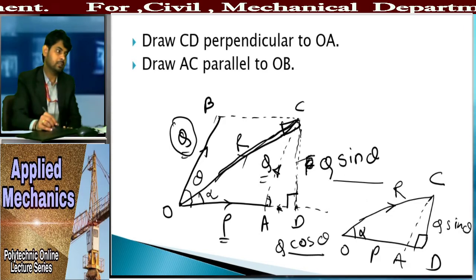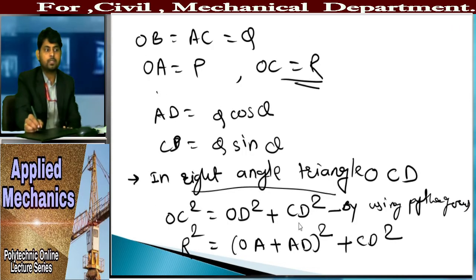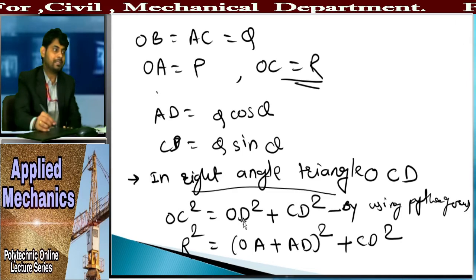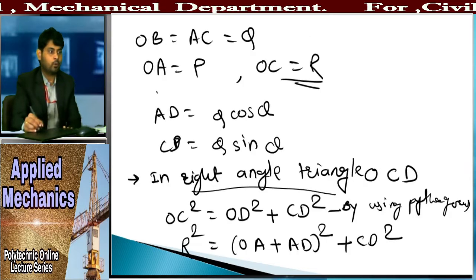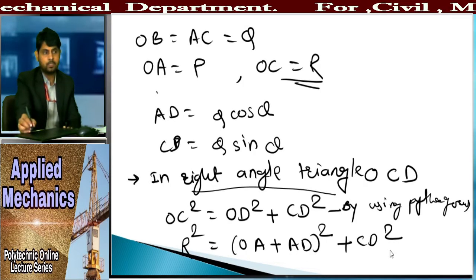So OC square is equal to OD square plus CD square, but OD is nothing but OA plus AD. So OC square is equal to (OA plus AD) square plus CD square.